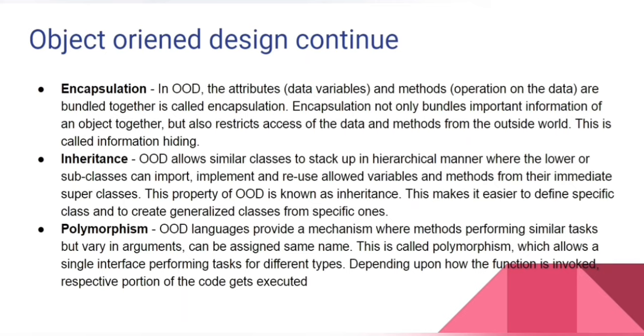For example, if I have an area class, I have an area function. In the area function, I pass two parameters, such as length and breadth, if I want to calculate the area of a shape like a rectangle.